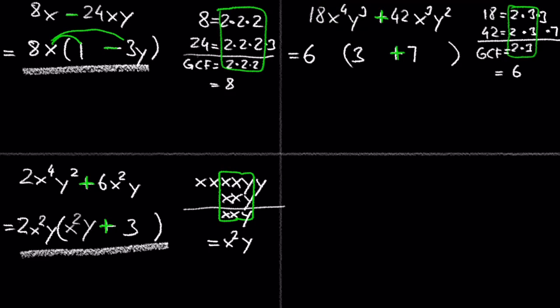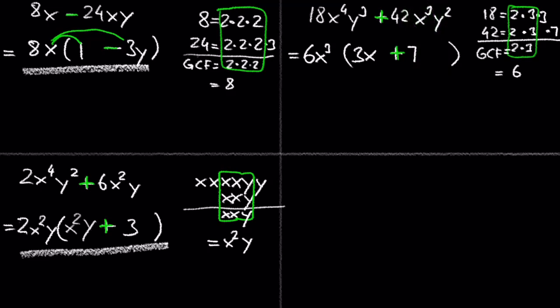No, unfortunately we can't, because we only have an x cubed in the second term. So let's take x cubed out of both terms. X cubed times x is x to the fourth, and x cubed times 1 is x cubed.